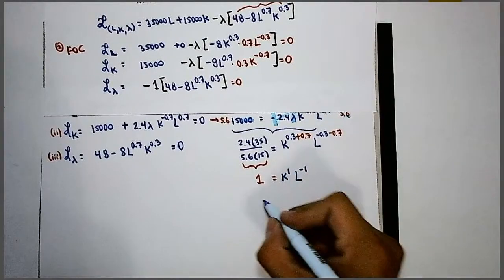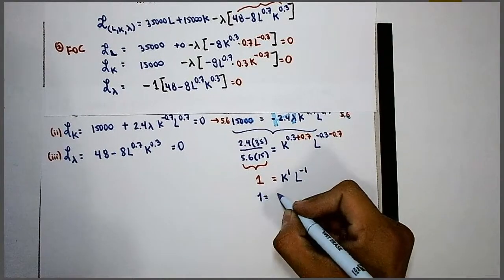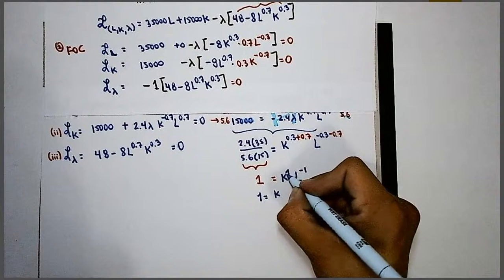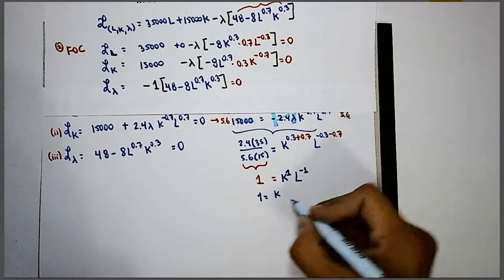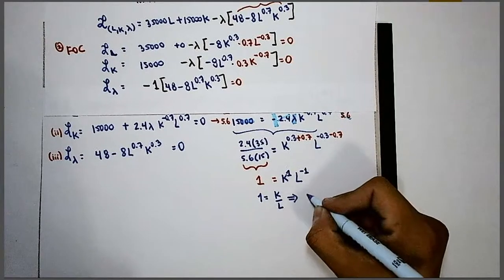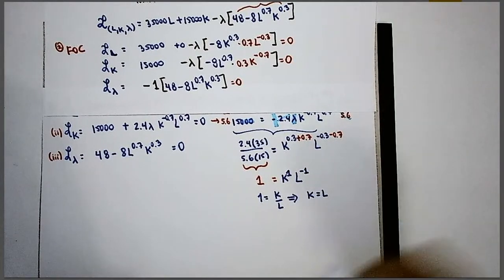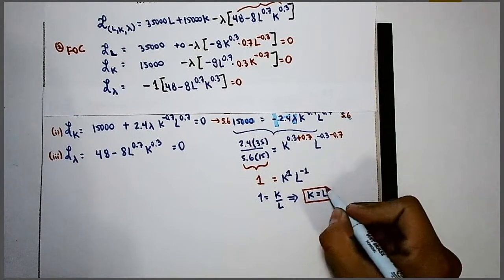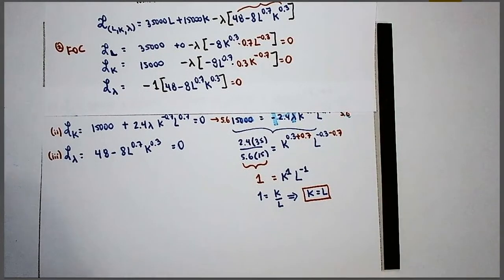In other words, here we have 1 equals K over L. In other words, K and L are the same in this optimization.